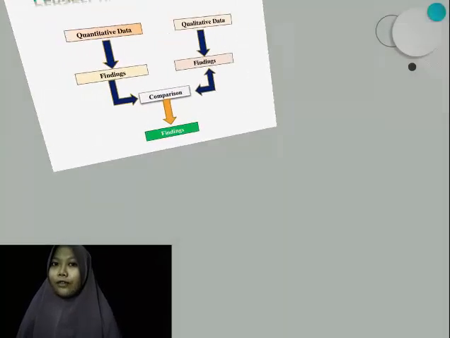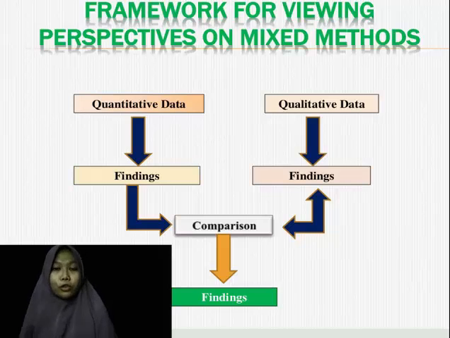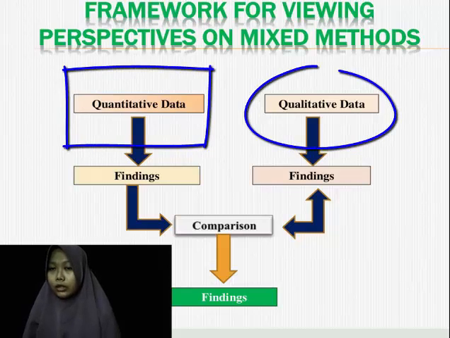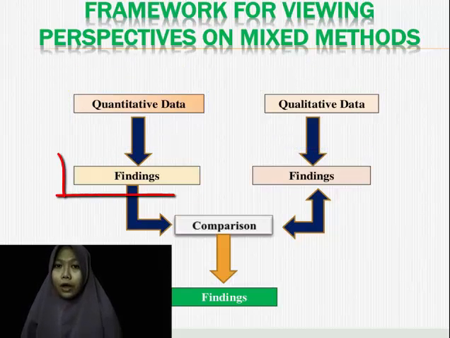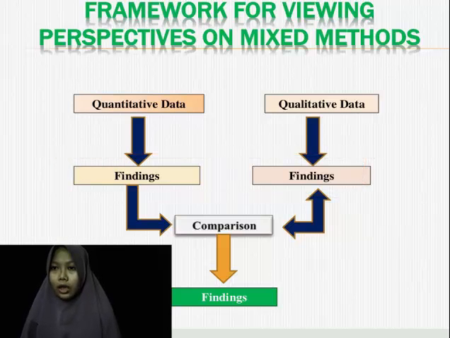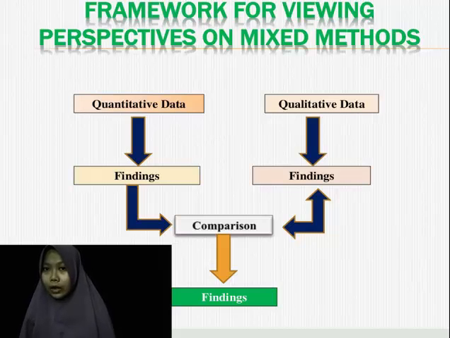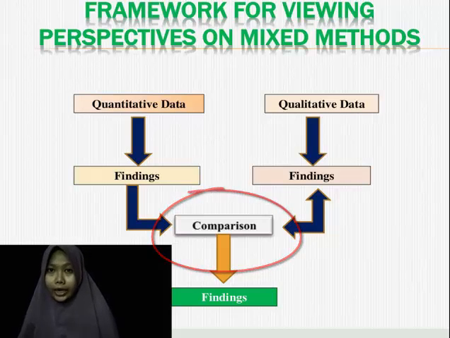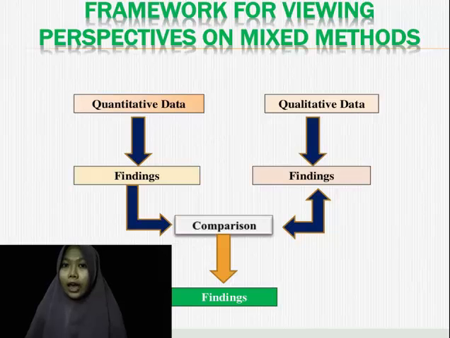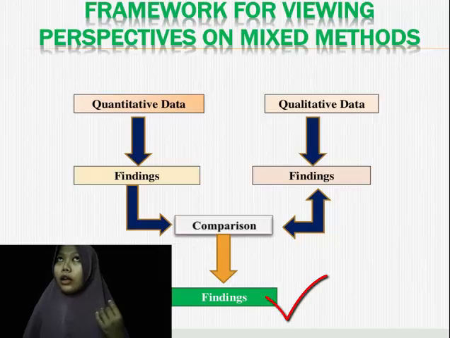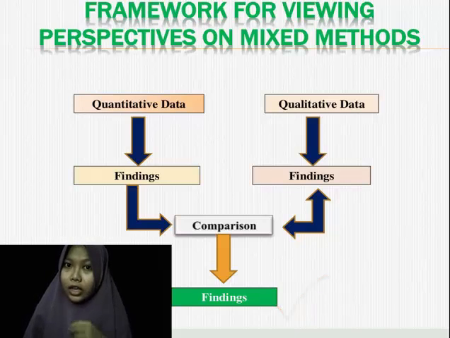Here is the framework of mixed method research. You can see that the first thing that we should have is quantitative data and qualitative data, and also the findings of those. After we have the findings of quantitative and qualitative data, we should compare them, and after that we can have the final finding of the mixed method research.